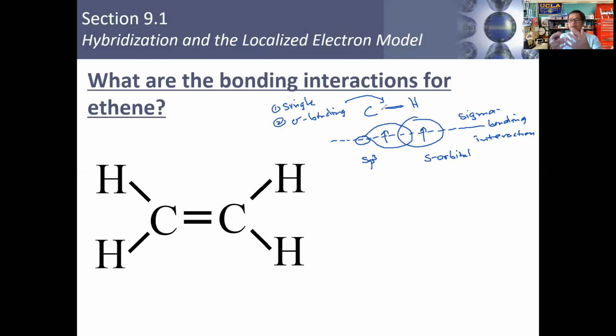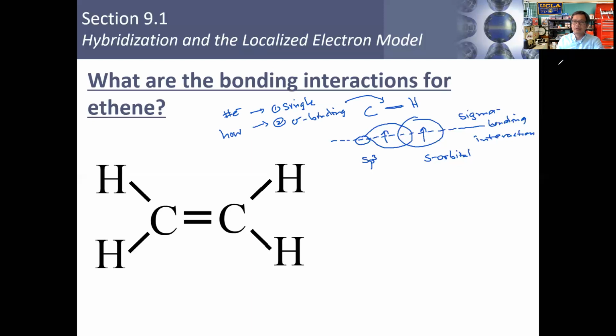Using our knowledge of hybridization, we can describe each bond by the number of electrons being shared and by how those electrons are being shared. The first tells us the number of electrons, and the second is how they are being shared. We can describe it in both terms.